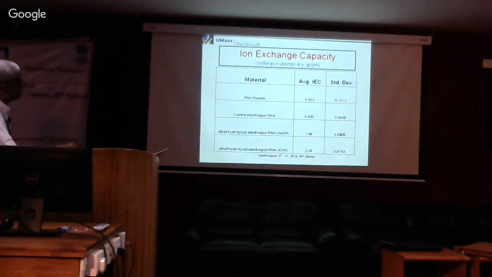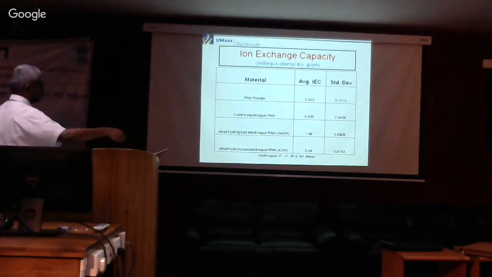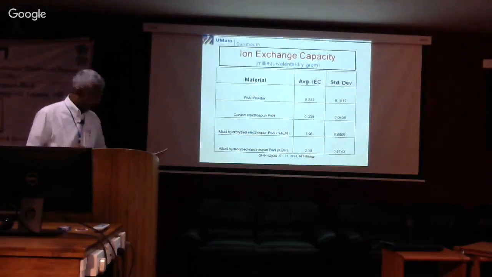And once you electrospin it, then you get this exchange capacity. And the exchange capacity that we were getting with potassium hydroxide is higher than with sodium hydroxide. And there's a reason to it.